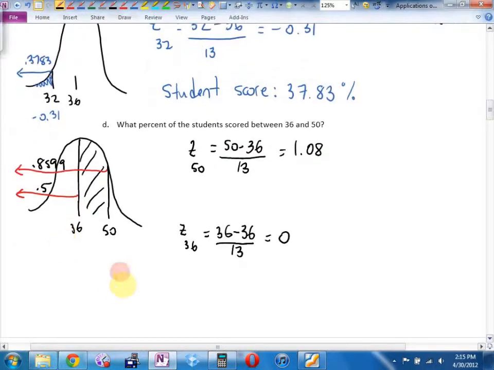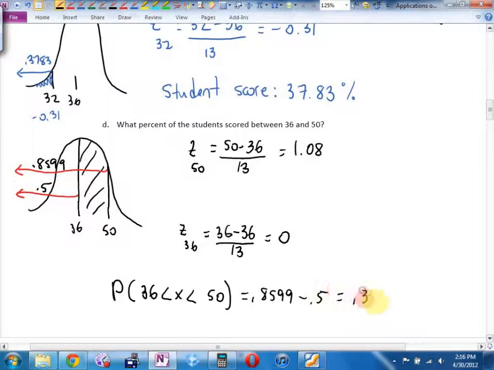And Nikki, I'll write it this way: the probability that 36 was my lowest score, 50 was my highest score, and a kid scored between those two. The probability that we scored between there and there, or what percent of the students, because probabilities are out of percentages as well. 0.8599 minus 0.5. Is it 0.3599?